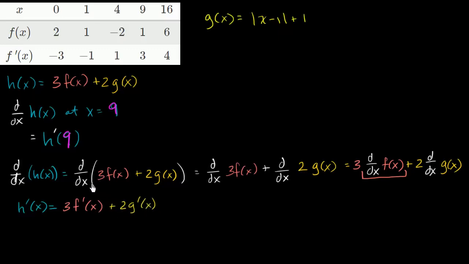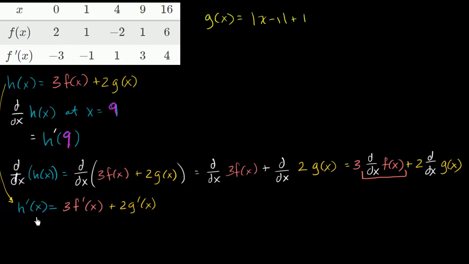And once you are more fluent with this property, the derivative of the sum of two things is the sum of the derivatives, and the derivative of a scalar times something is the scalar times the derivative of that something, you really could have gone straight from here to here pretty quickly.